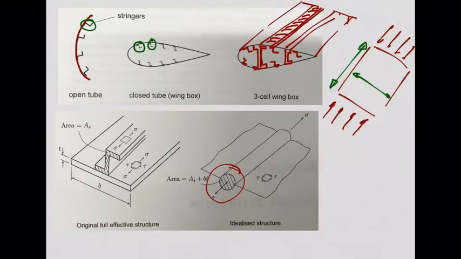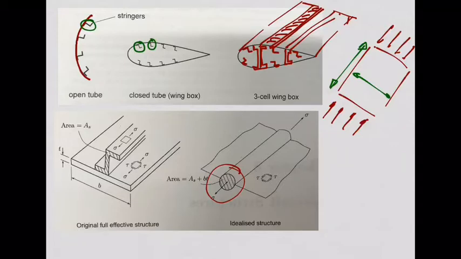So we need to find a way of building what we call an idealized model. We are going to make a lot of assumptions, but we need to make a model that is much simpler than the original model, so that we can do some analysis in the design of the wing, for example.